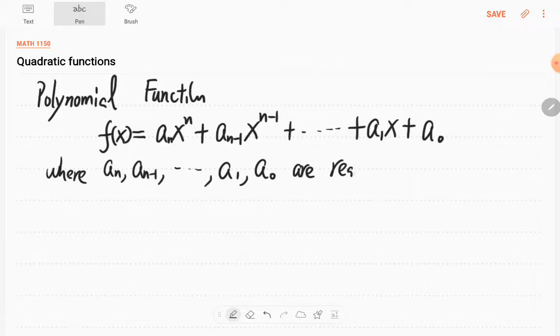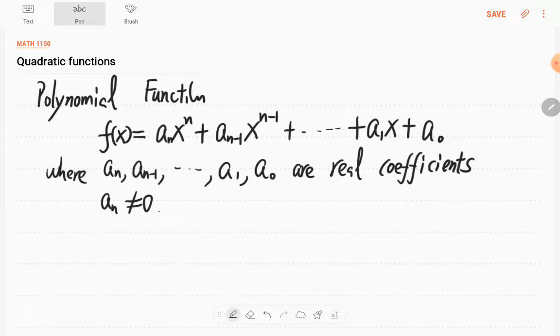Real, which is a real number here, a real coefficient. And this a_n cannot be 0.